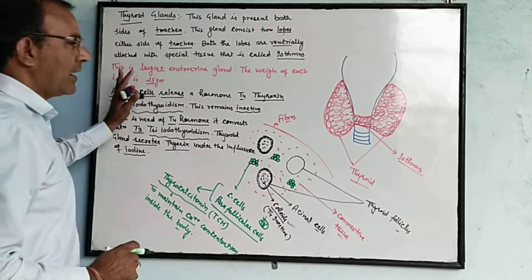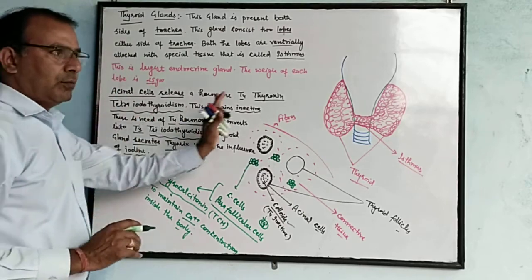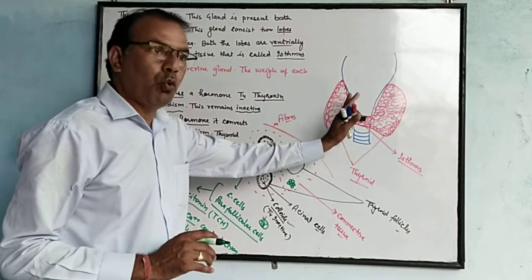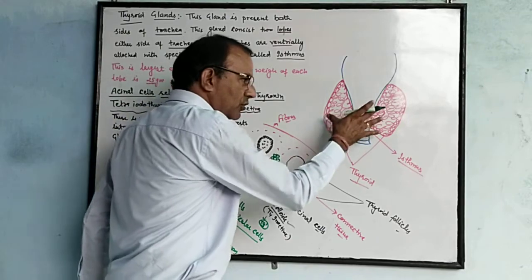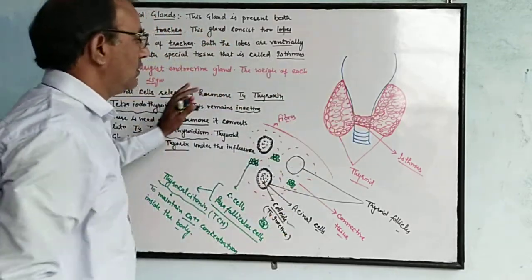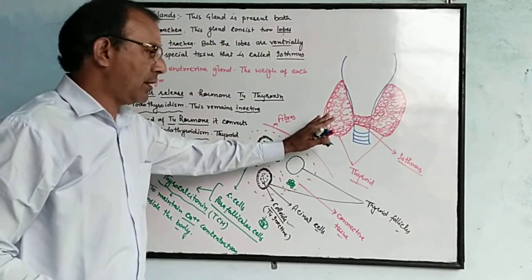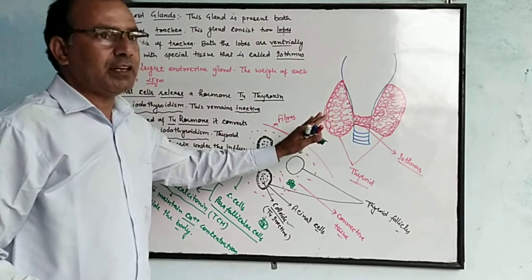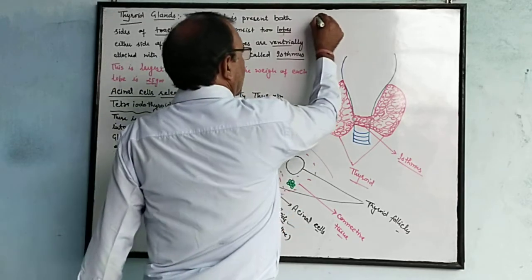Clear? This is the thyroid gland which is present on both sides. It is present in a two-lobe structure, and this thyroid gland structure is like the English alphabet H shape, or you can say butterfly shape.